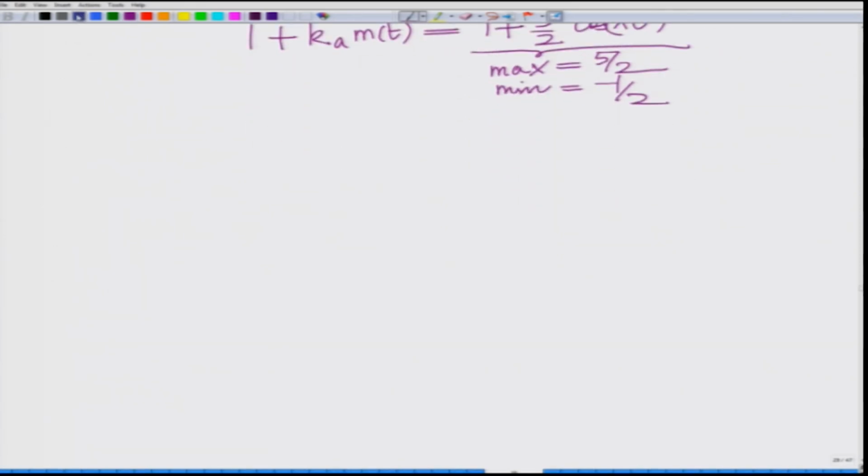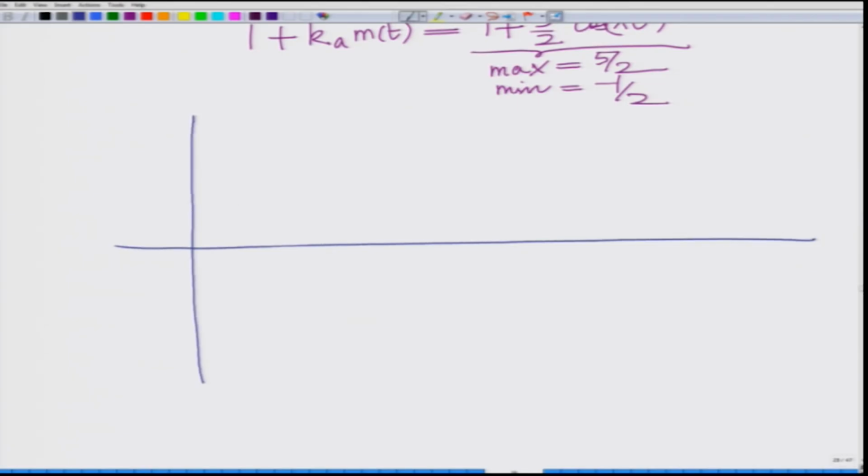Now, if you plot the same thing, that is the signal that is modulated by this. So, this lies between minus half and 5 by 2.